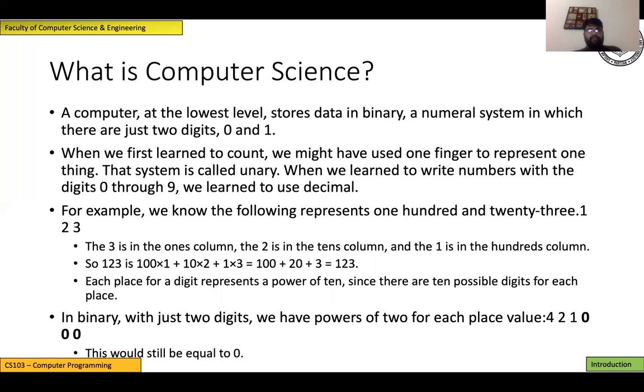So what is computer science? A computer at the lowest level, if you go to the very basics of it, and you probably have studied it in the course Fundamentals of Computing already, is basically storing the data in binary, which is a numeral system in which there are only two digits, 0 and 1.